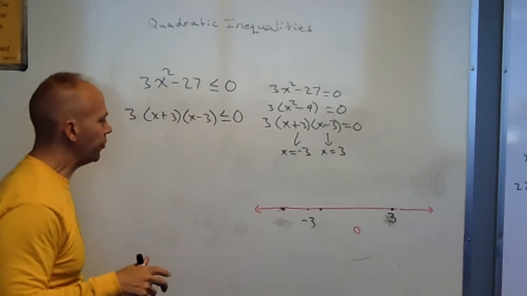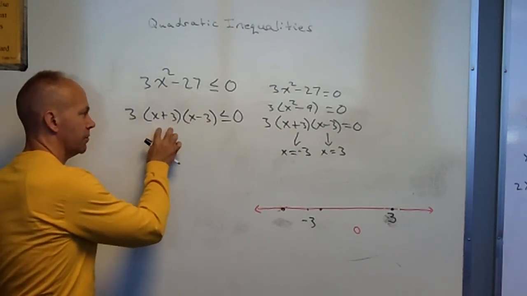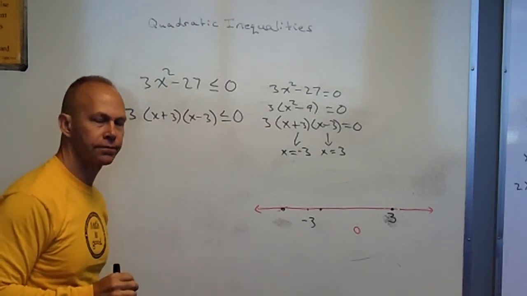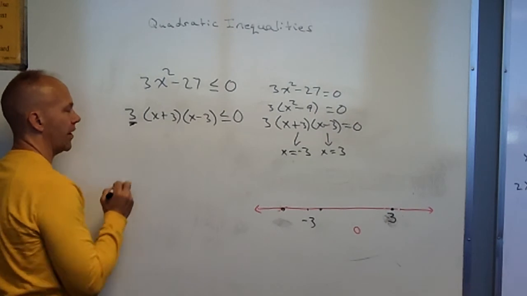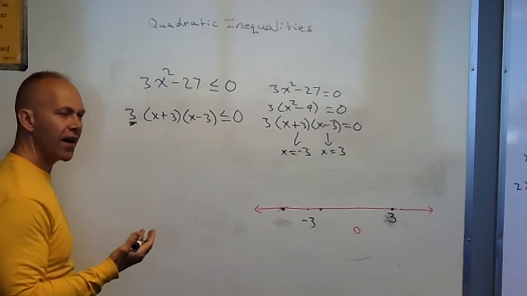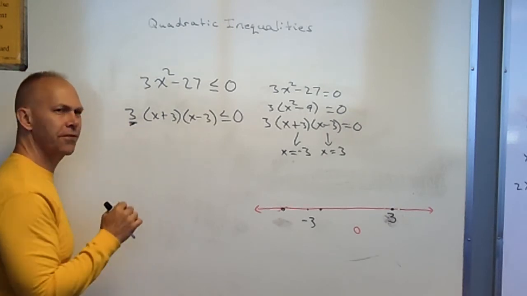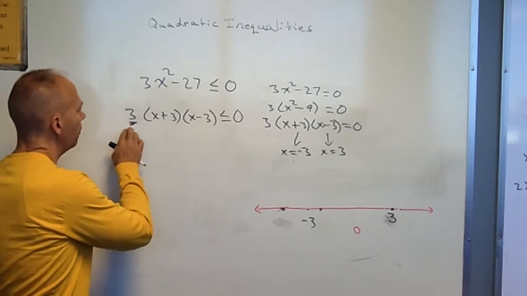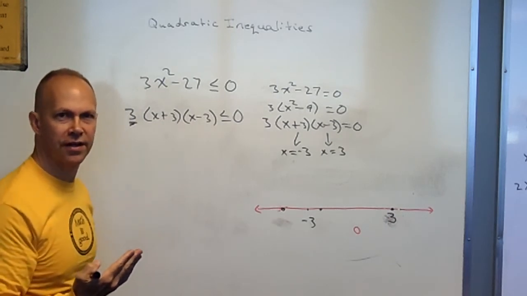Okay, so now I'm going to write my factored form of my quadratic here with my inequality. Now actually I've got 3 factors. I've got 3, x plus 3, x minus 3. However, this constant factor, will that affect the sign of the inequality? It's a positive 3. Does multiplying anything by a positive 3 change the sign?